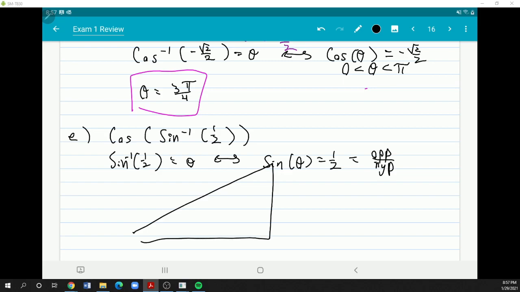So we draw ourselves a right triangle, call this angle theta, and then 1 can be the opposite, 2 can be the hypotenuse. That's going to make this side, by the Pythagorean theorem, the square root of 2 squared minus 1 squared, or square root of 3.